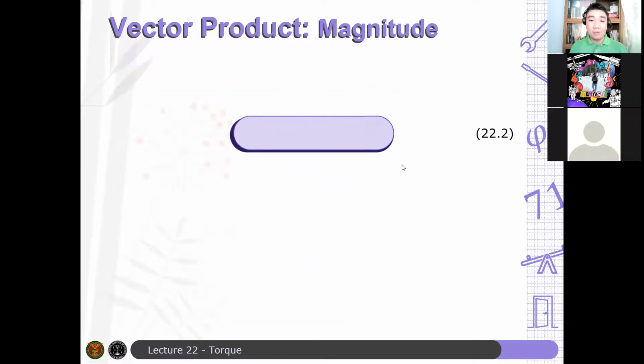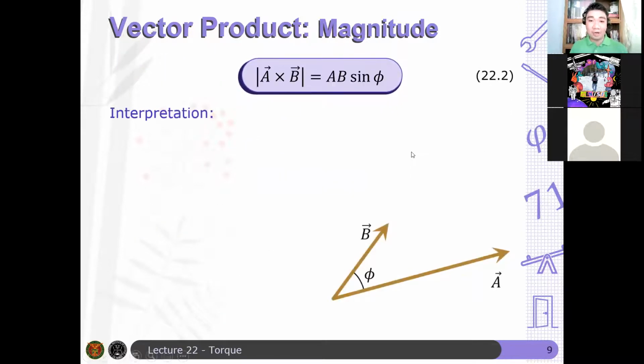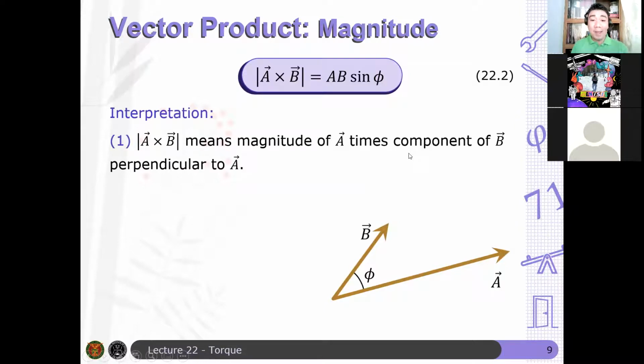Okay, sige. Now, using this definition, pwede mong interpret yan. An interpretation is the magnitude of A times the component of B perpendicular to A. So, ang hinaharap na natin dito ay yung perpendicular component, not the parallel component, compared to the dot product. So for the cross product, ang kailangan natin ay yung perpendicular component.